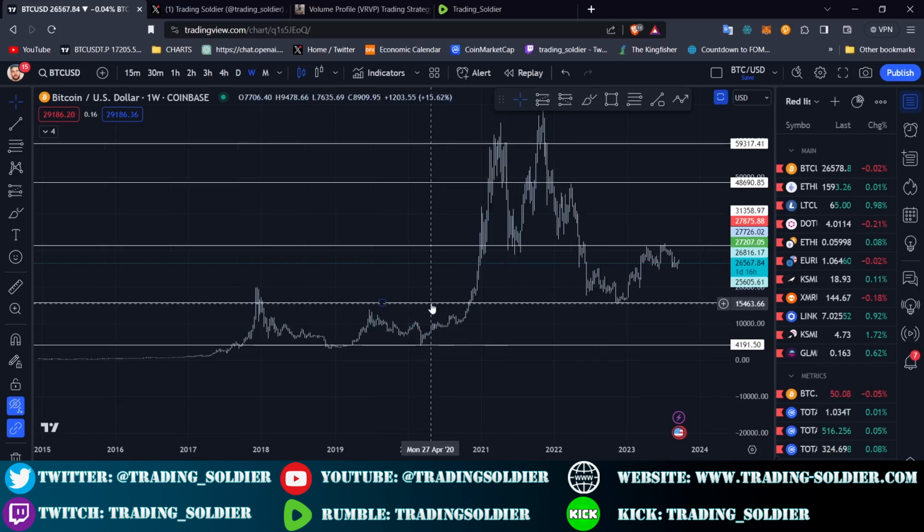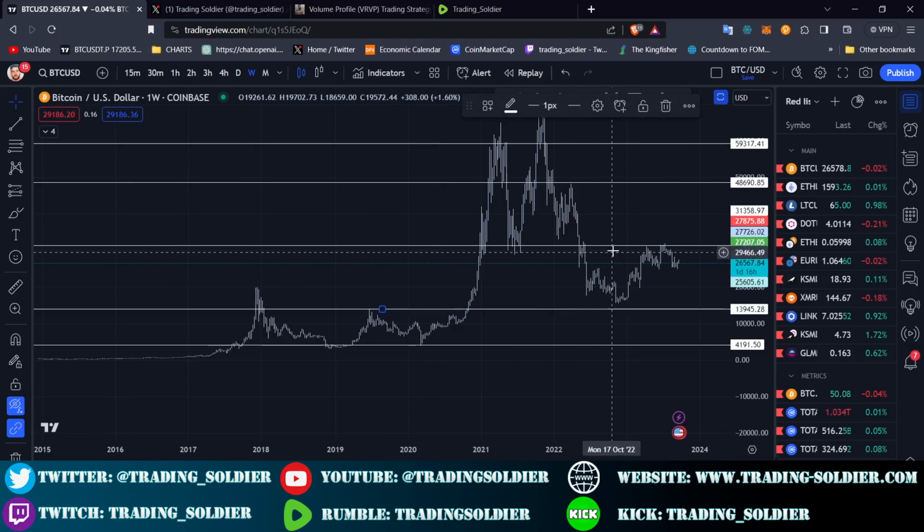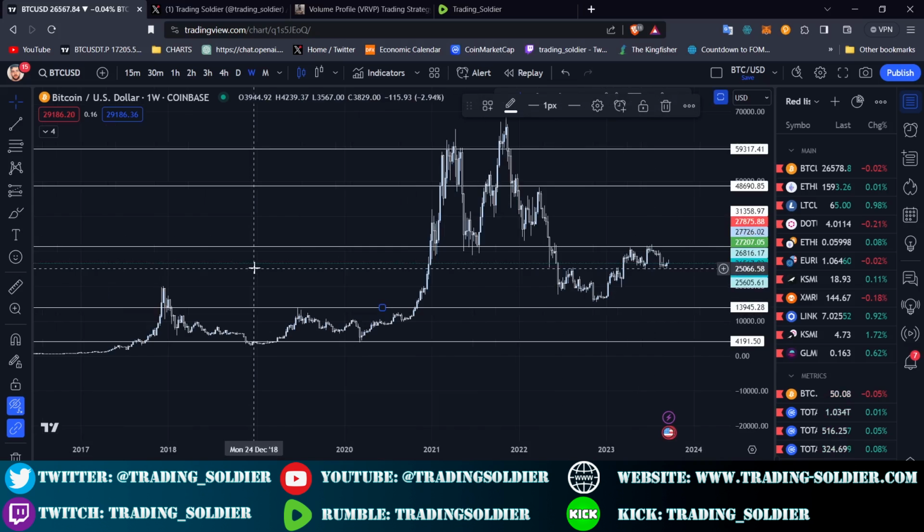We can adjust it to this point, because here it is not touching, but this doesn't need to be 100% precise. It's just to give you an idea of the major supply and demand areas or zones, and draw them in the chart.